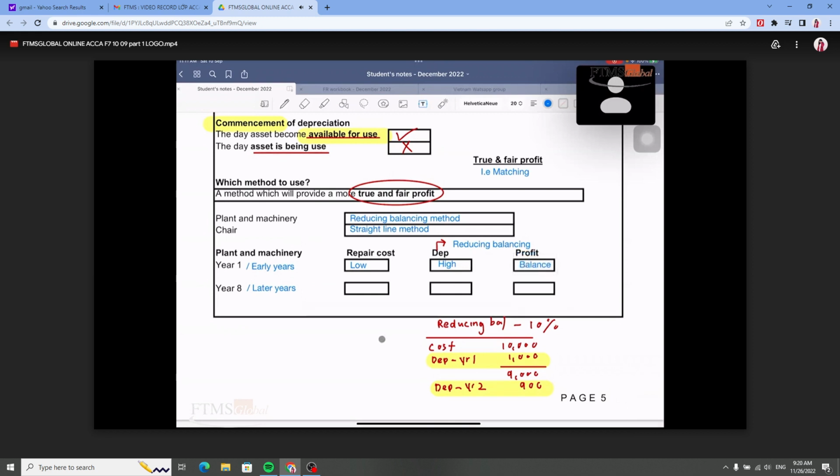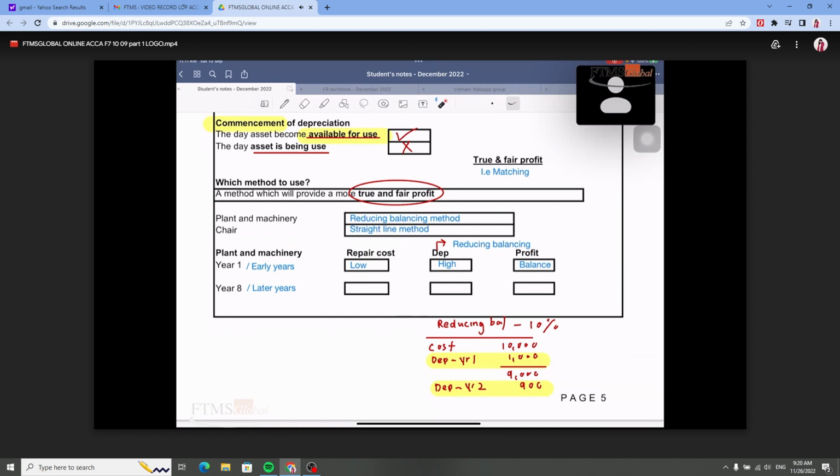Okay, then now I can tell you the conclusion. When to use the reducing balance method and when to use the straight line method? Very simple. If your repair costs fluctuate, like what you see here, then you will use the reducing balance method. I'll repeat one more time.